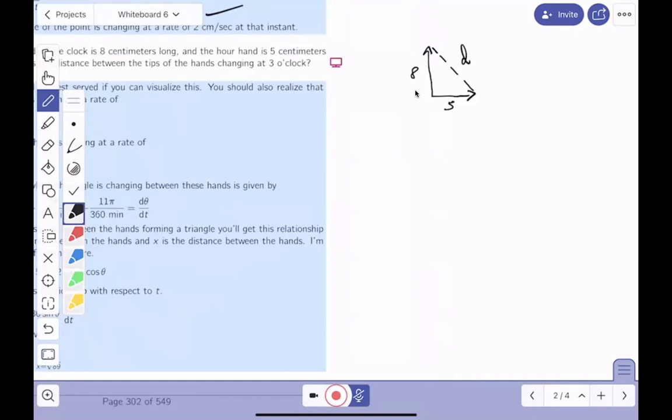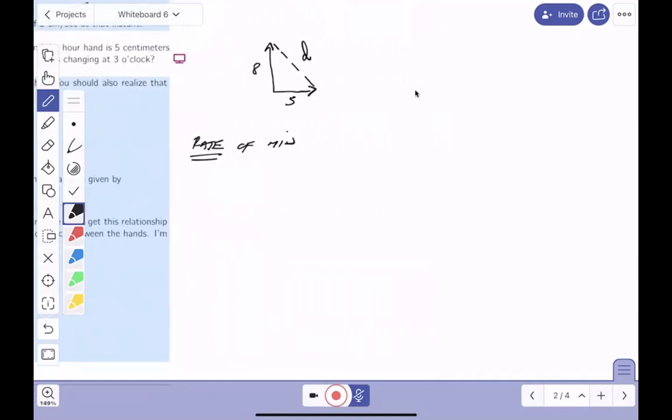So I'm going to put the rate of the minute hand. I'm sure you've looked at clocks before. This is the minute hand, by the way. Its rate is a rotational velocity. It does 1 rev every 60 minutes.